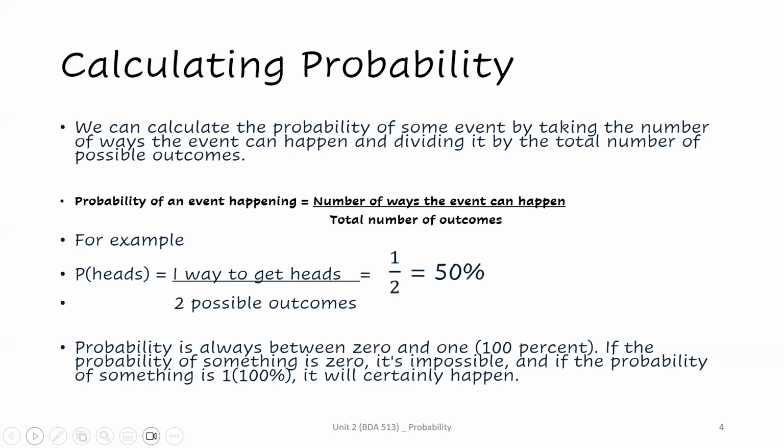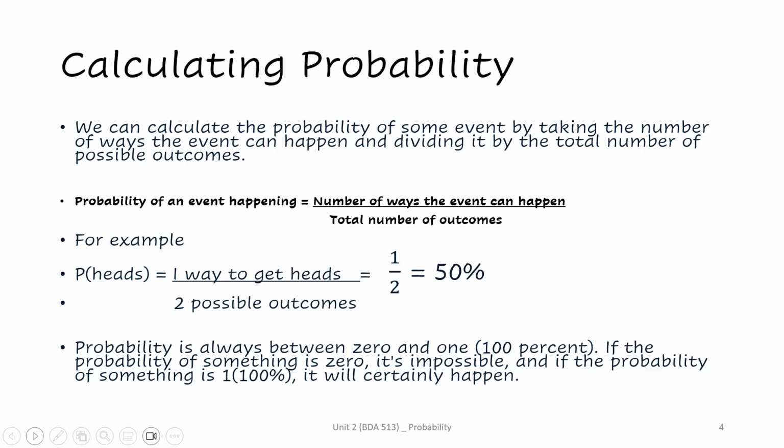So probability is normally between 0 and 1, or 100%. If it is 1, it's 100%, which means there is certainty that it is going to happen. On the other hand, if it is 0, that means it is an impossibility; there is no chance that the event will happen.